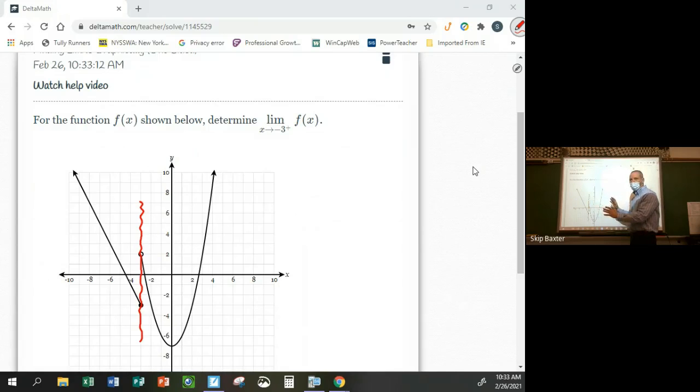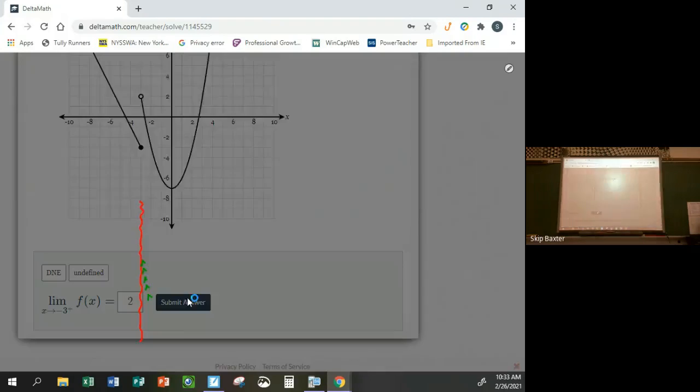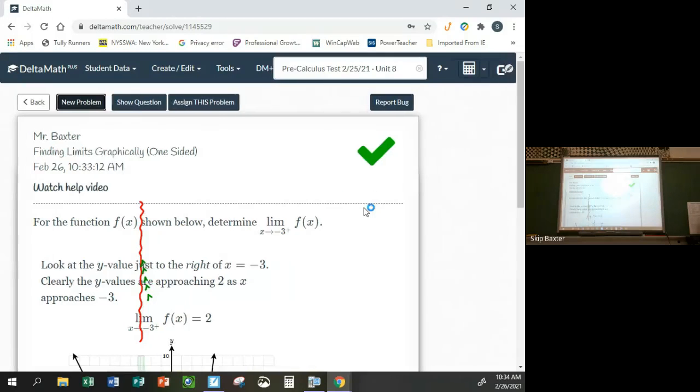All I care about is what's happening close to that point. That's what limits are, what's happening close by. And from the right means from the right-hand side of that squiggly line. What y value am I getting closer and closer to? The answer is 2, so you just type in 2, submit, and abracadabra, that's the answer.